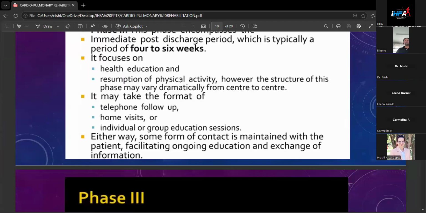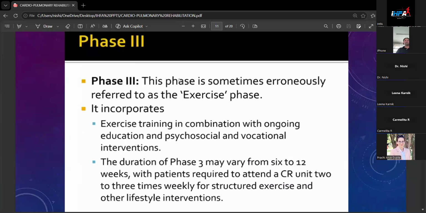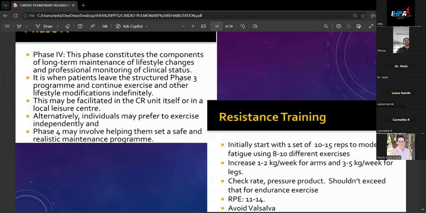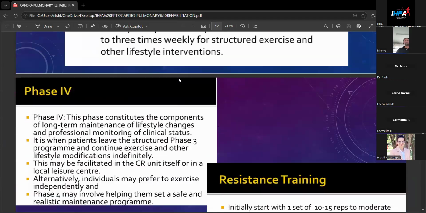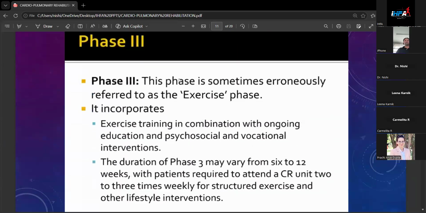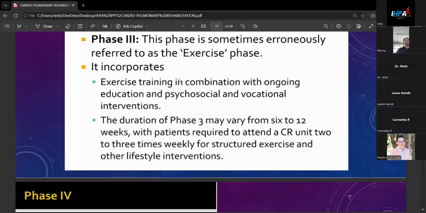This is phase 3. This is phase 4 and resistance training. It just phase 3 1 minute for just yeah. Yeah. Thank you, ma'am. No problem.